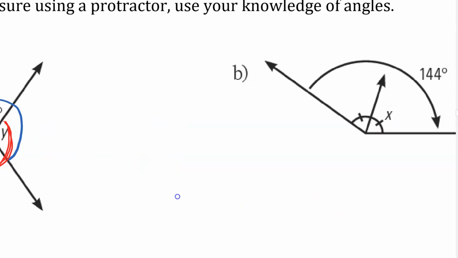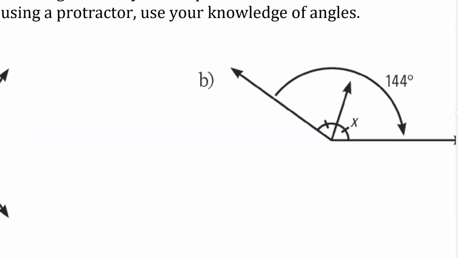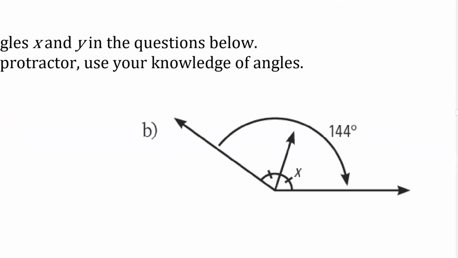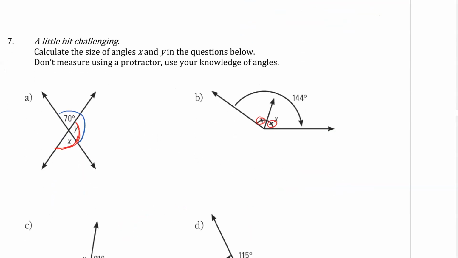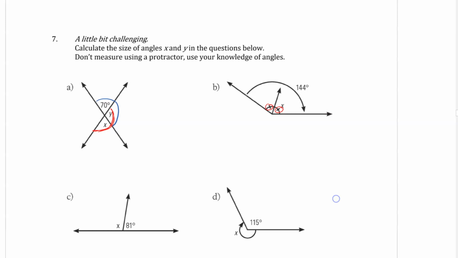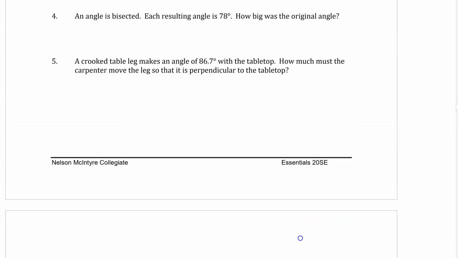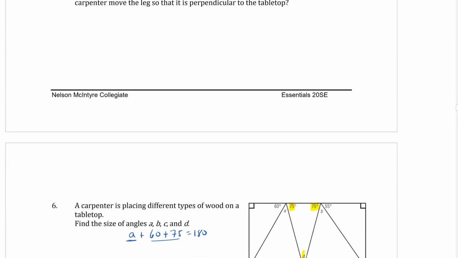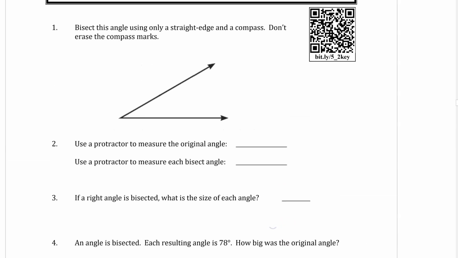So that's kind of cool. Here, these marks mean that those angles are equal. In other words, that angle of 144 degrees has been bisected, divided into two equal parts. Okay, see if you can get those, and you can check your answers using that code over there. All right, great. Talk to you later.